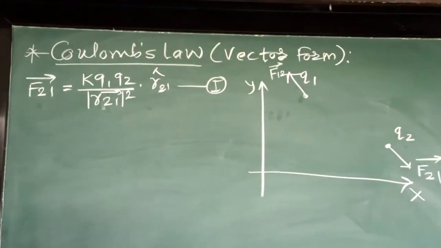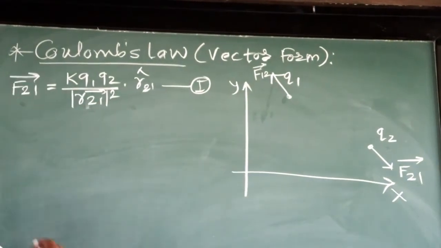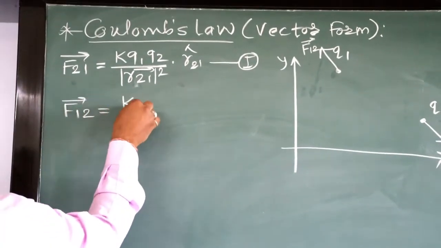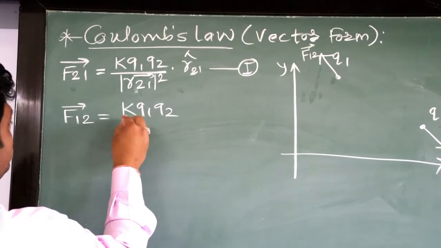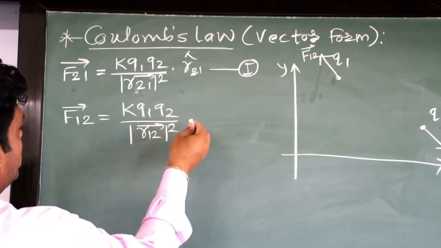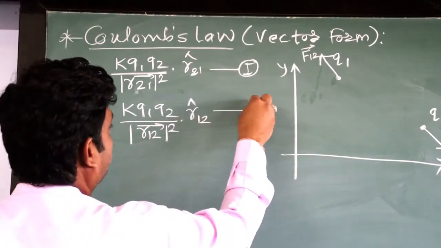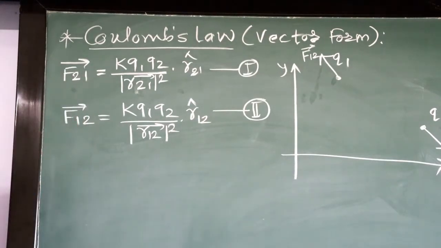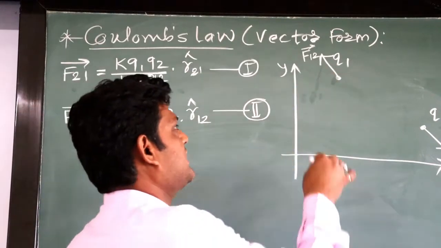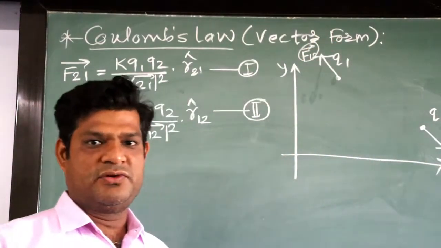In a similar way, we can calculate the force acting on 1 due to 2. That will be K Q1 Q2 divided by R12 mod square R12 cap. Right? So, this is the force due to two charge particles. These two forces are equal and opposite forces.